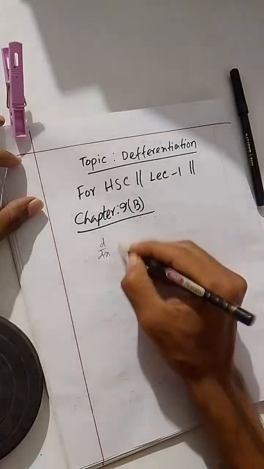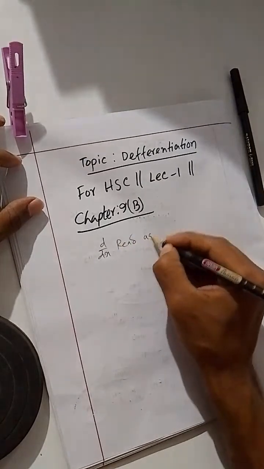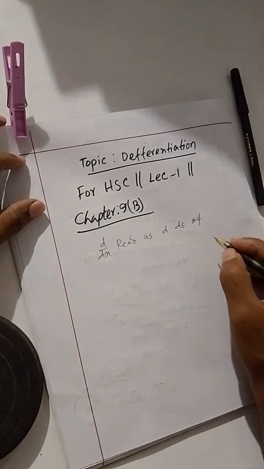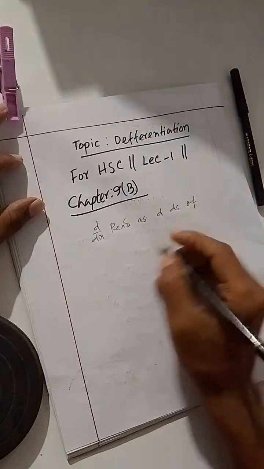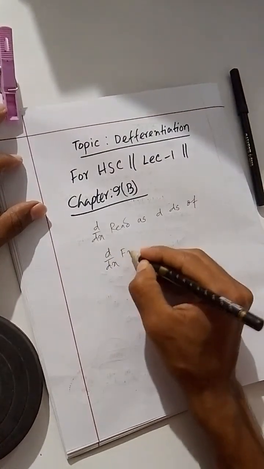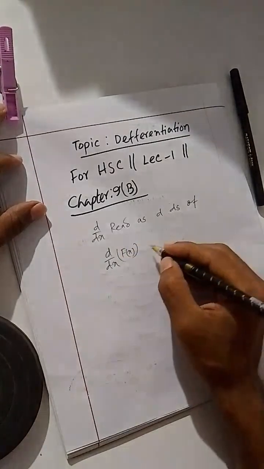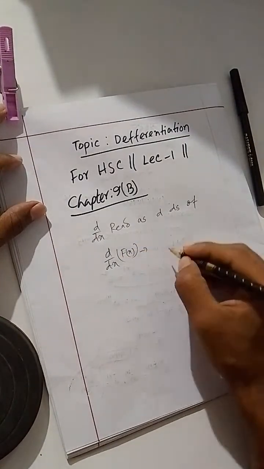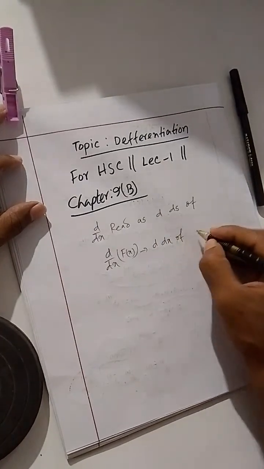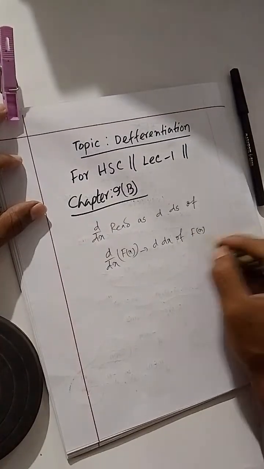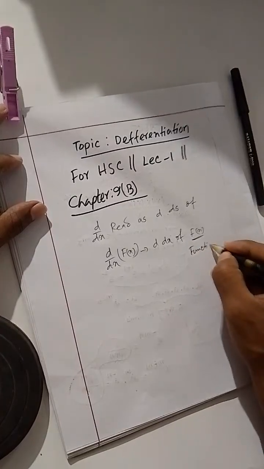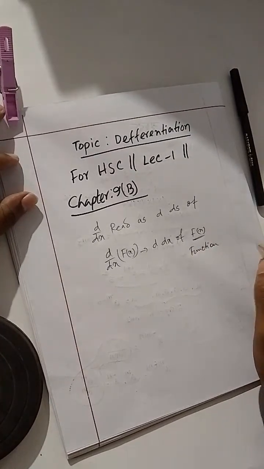This is read as d/dx of, and when you have something after d/dx, let's say f of x here, you read this as d/dx of f of x. So this is the function here.